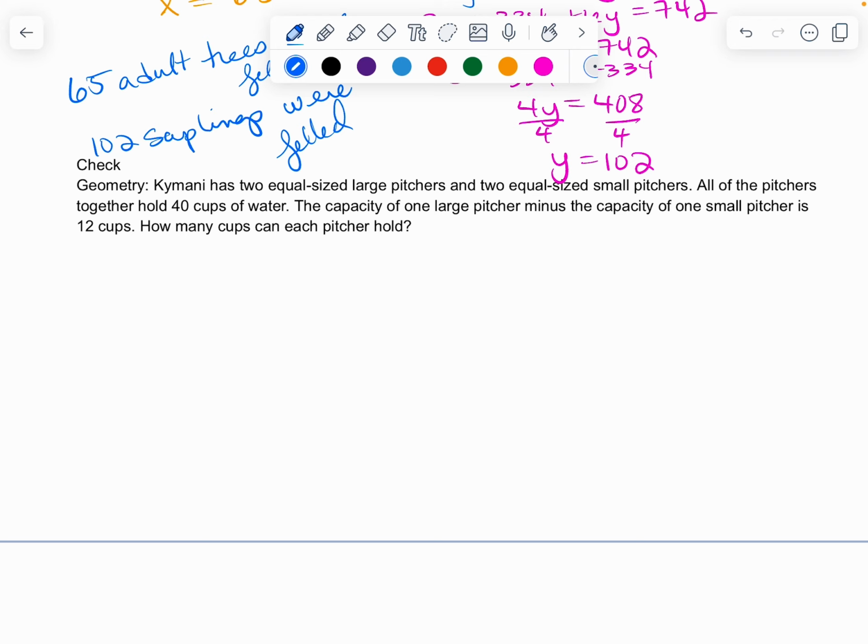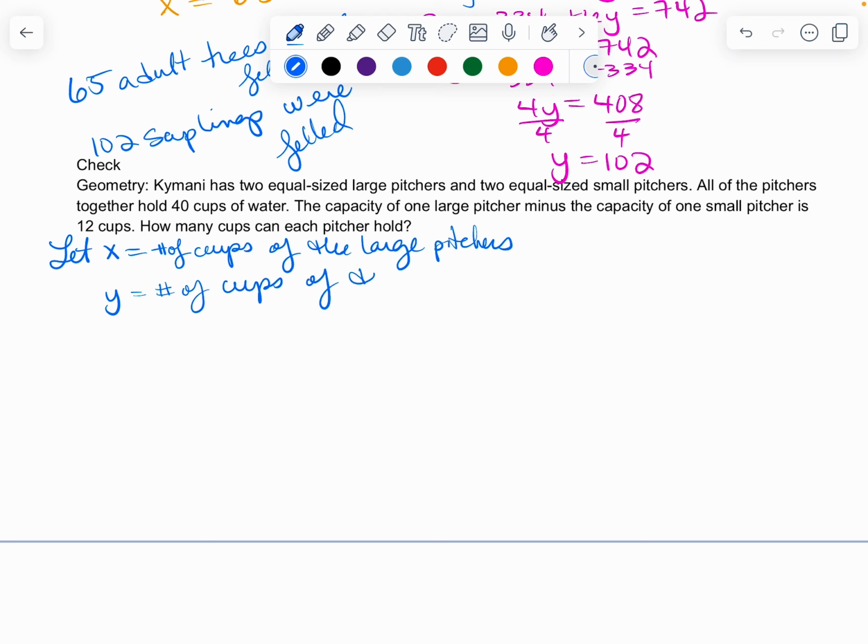So we have let x equal the number of cups of the large pitchers. Y equals the number of cups of the small pitcher.